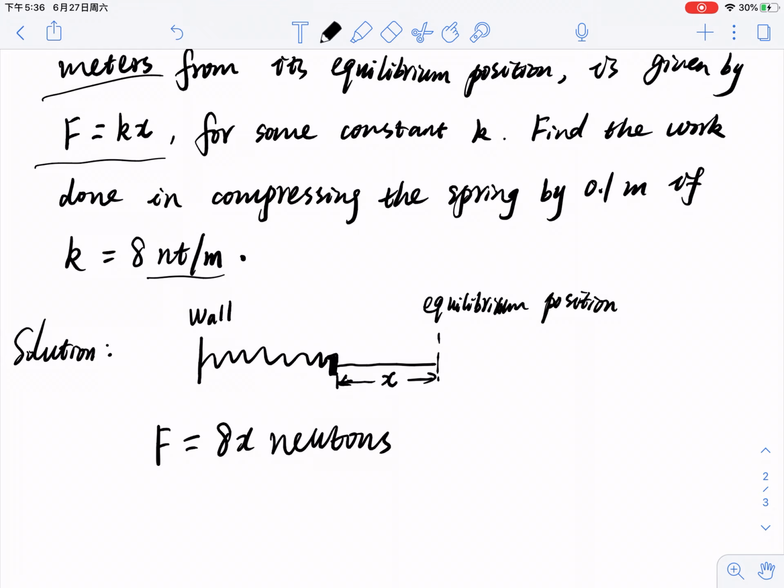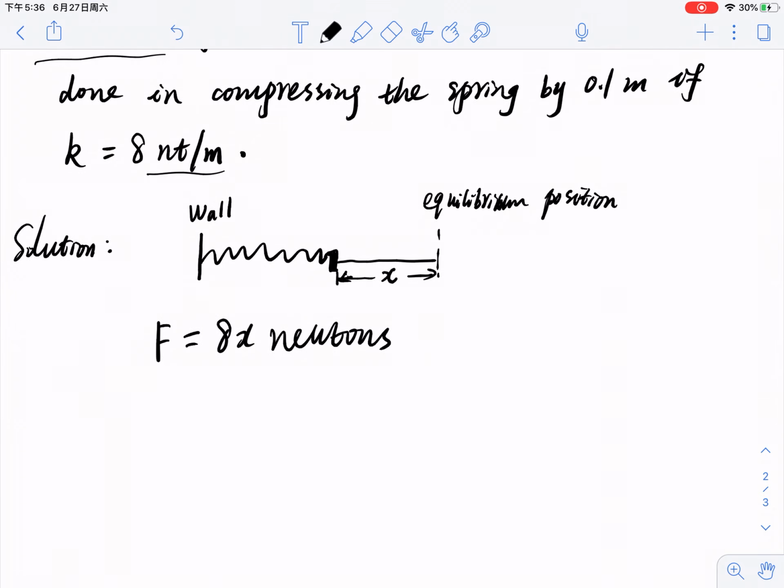Since the force varies with x, we divide the distance moved into small increments delta x. So we suppose this is delta x. Work done in moving through an increment delta x is force times distance.